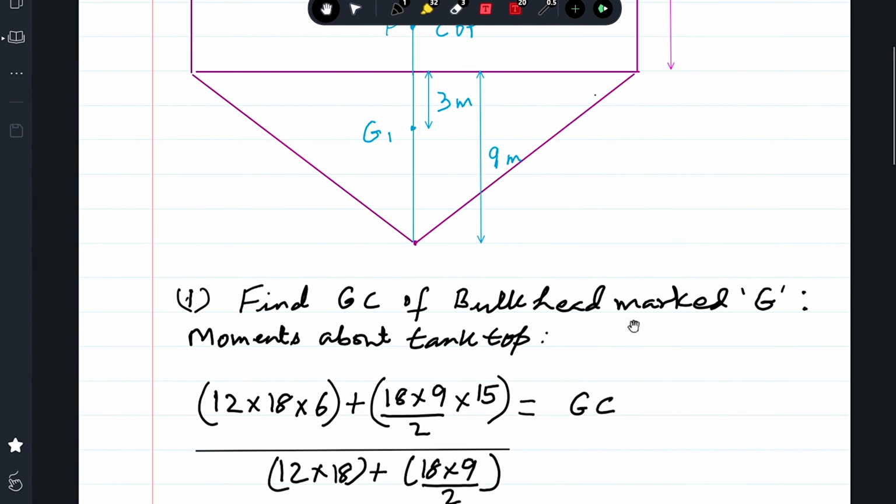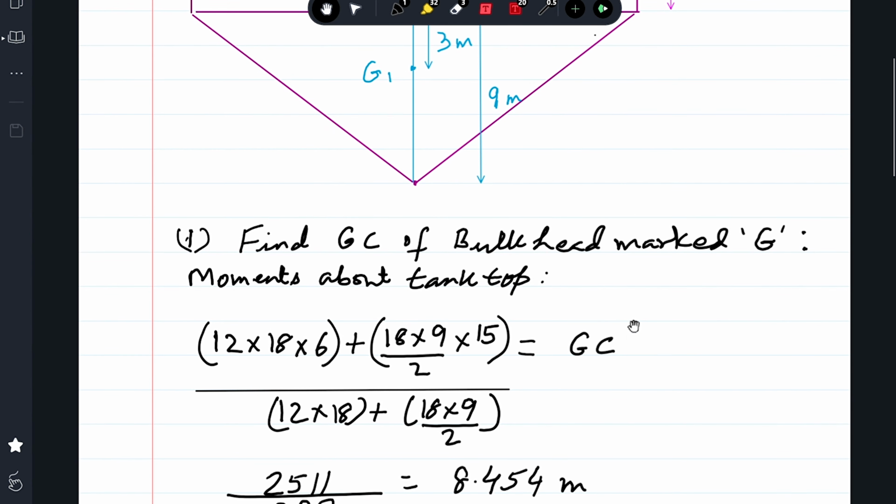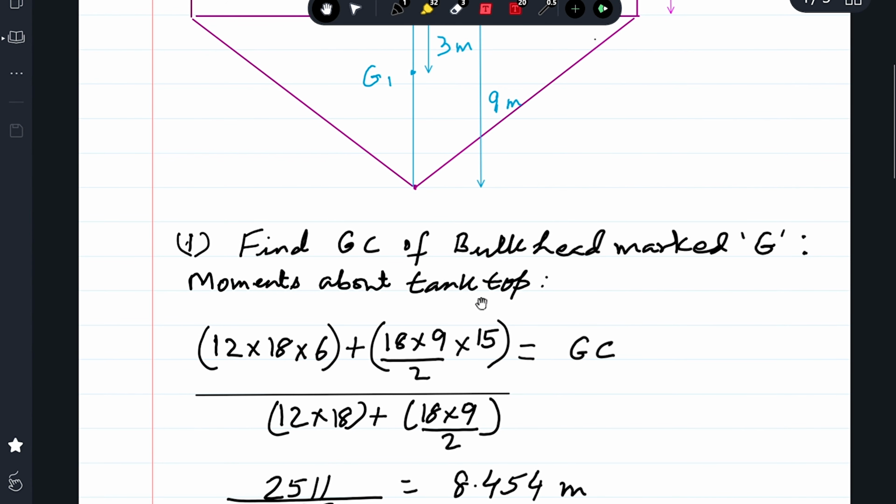I'm taking moments about tank top. So the area of rectangle, which is 12 by 18, multiplied by the distance of the centroid from the tank top, which is 6 meters, centroid of the rectangle.